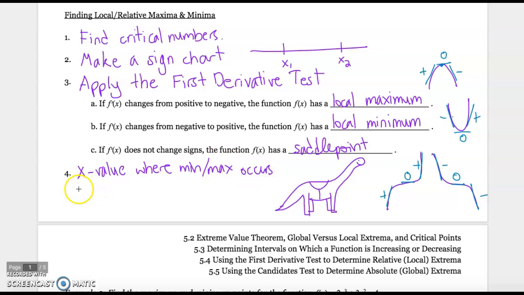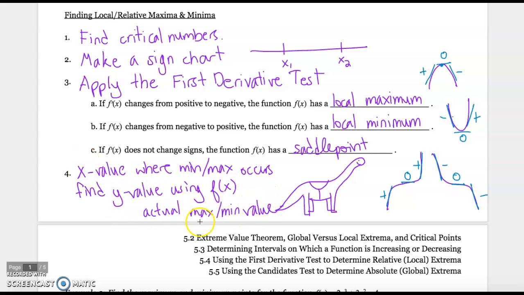And then find the y value using your original function, so f of x. So your x value is where the min or max occurs, then you find the y value using your f of x function, and that is the actual max or min value.